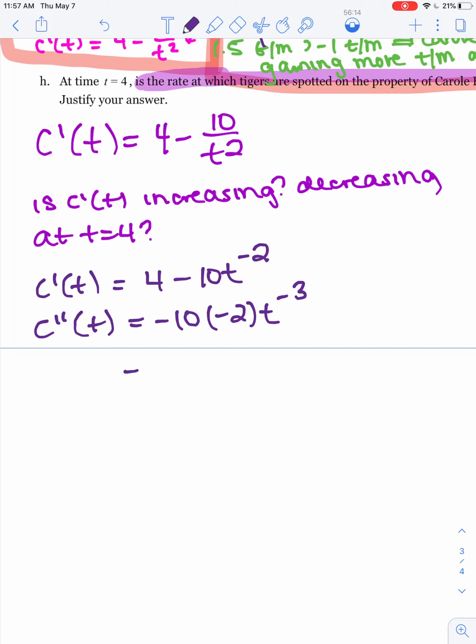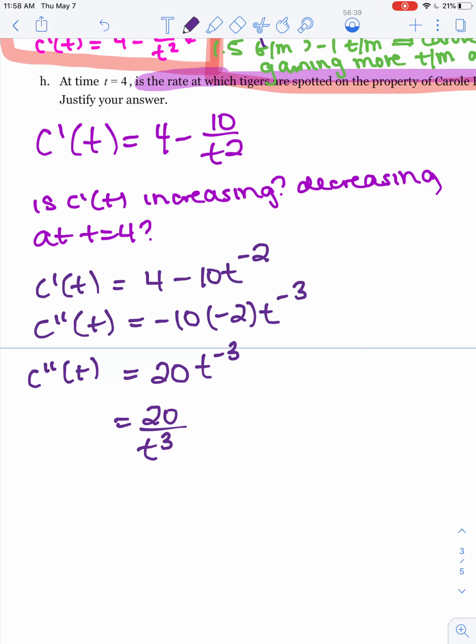So in that drop of my exponent, I get a coefficient of positive 20, and then that decrease of my exponent, I get t to the negative 3. So we have that c double prime of t is equal to 20 times t to the negative third. We can also recognize that as 20 over t cubed.